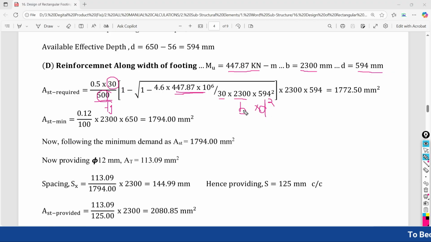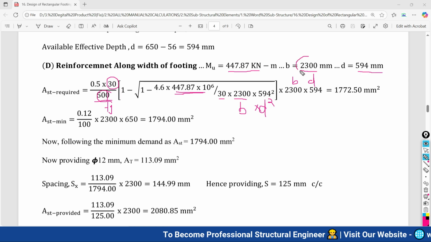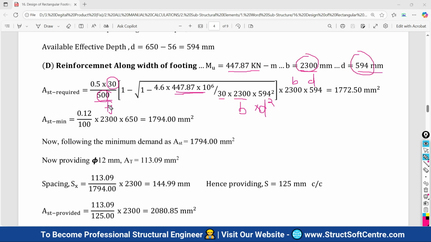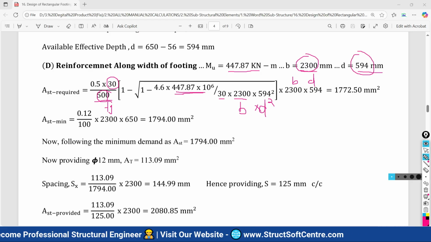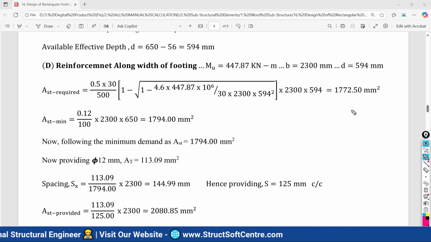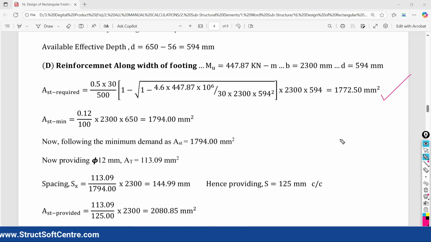Depth is 594, and again it is B into D, where B is 2300 and depth is 594. If you put all the values here, you will get the reinforcement demand as 1772.5 mm square. This much area of reinforcement is required for resisting this flexural moment.